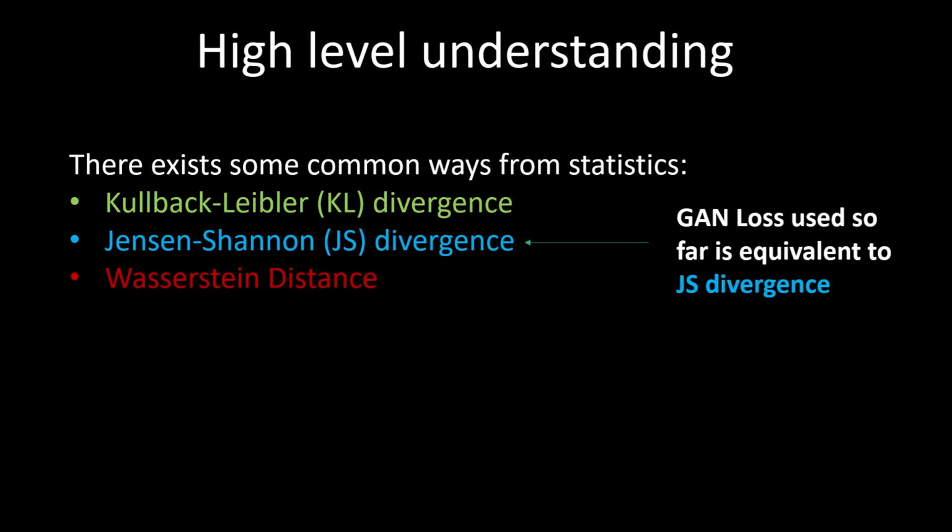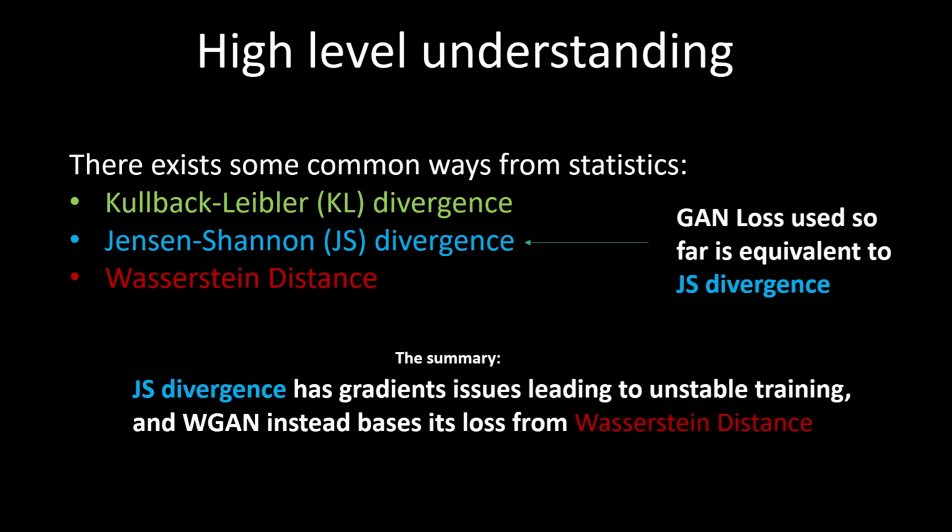And the one that we've used so far, the GAN loss that we've used with logarithms and so on, is equivalent to this JS divergence. And the very quick overview is that JS divergence has gradient issues leading to unstable training, and WGAN instead changes the basis of its loss to Wasserstein distance.